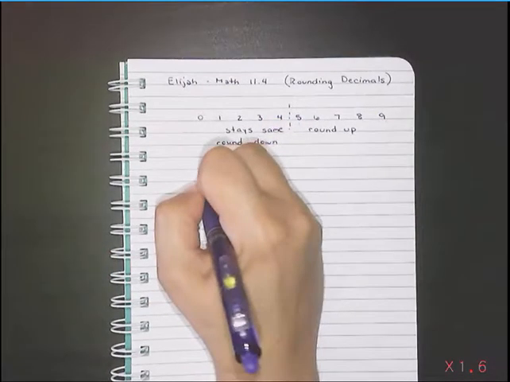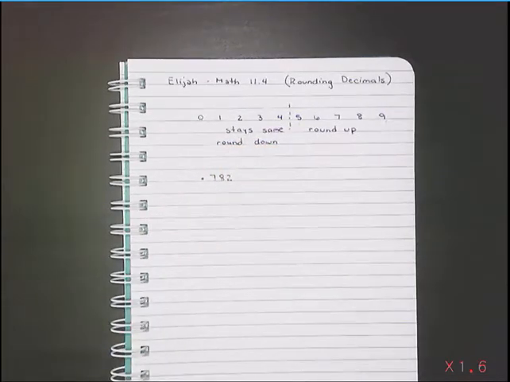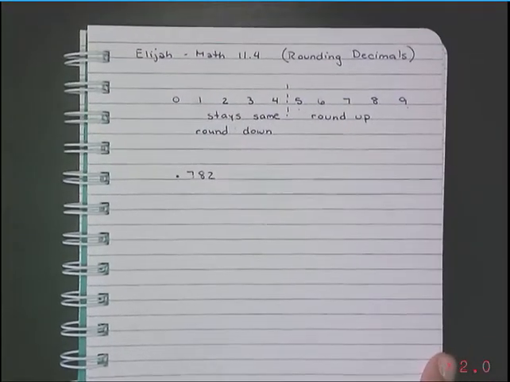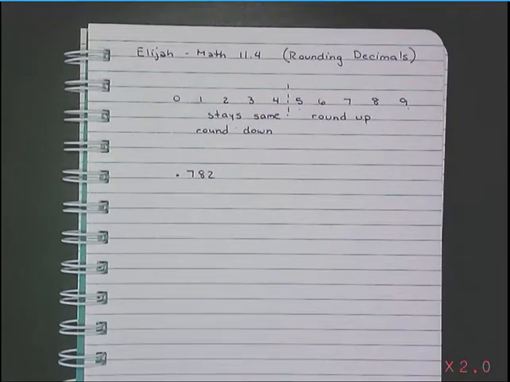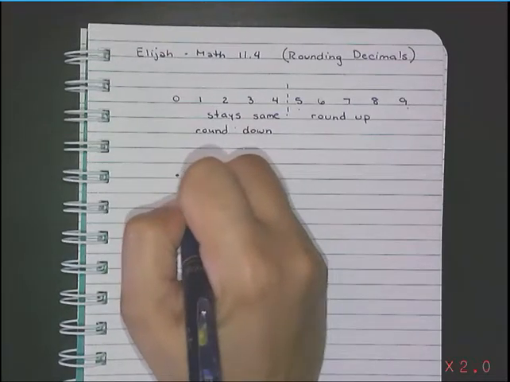If we have the number 0.782, let me zoom in a little bit. There we go. We have 0.782, and they are asking us to round to the tenths place.